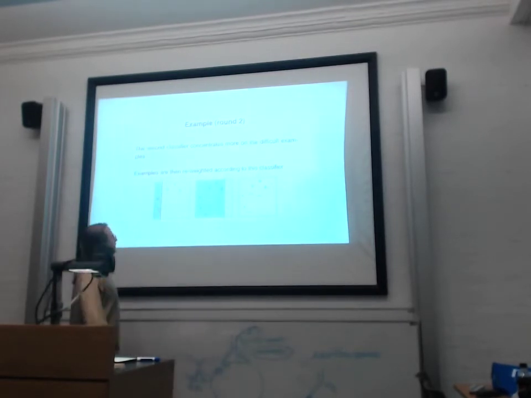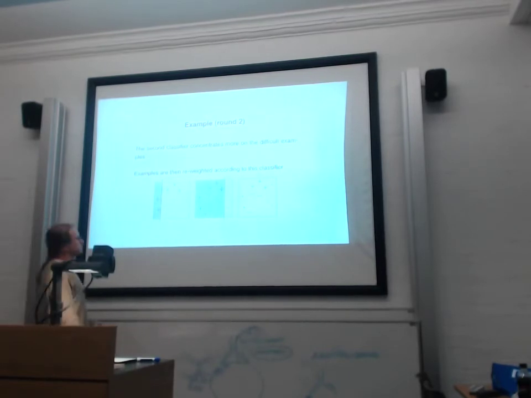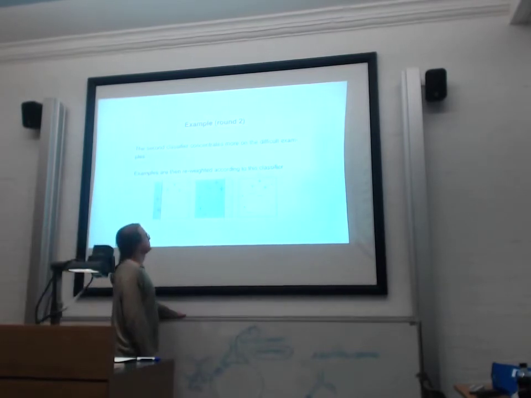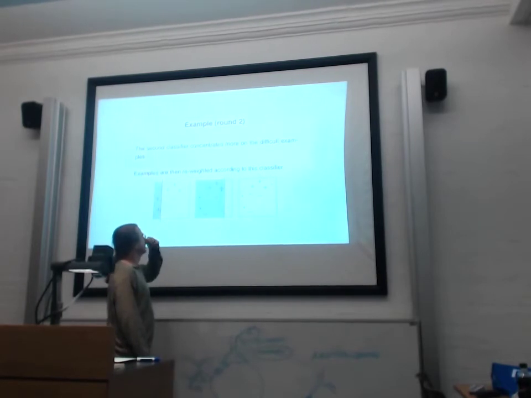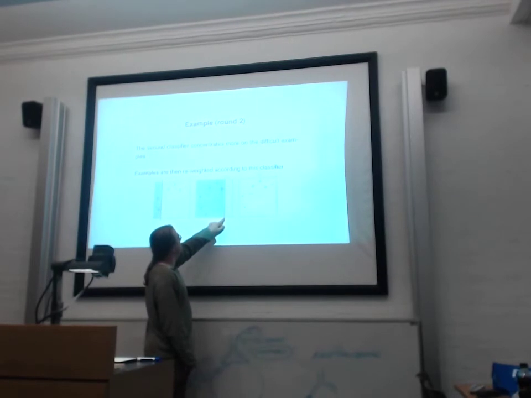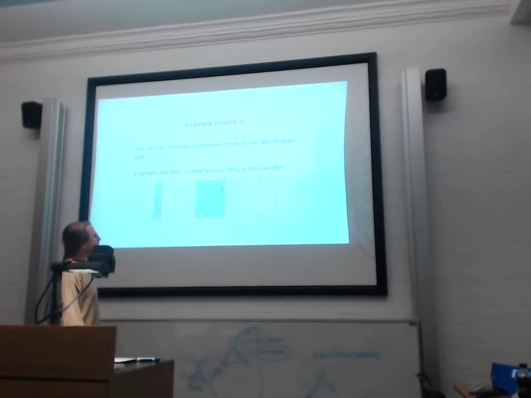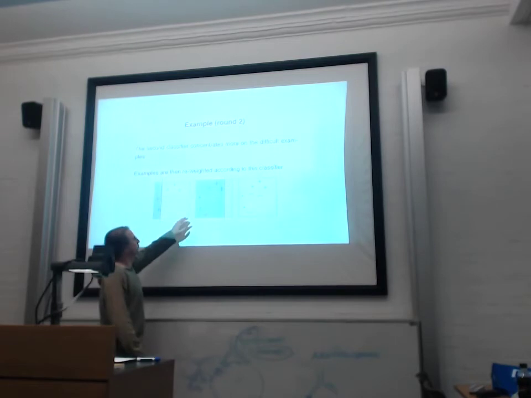Now we want to find a new hypothesis with small weighted square error. If we look at absolute square error, it's pretty large.